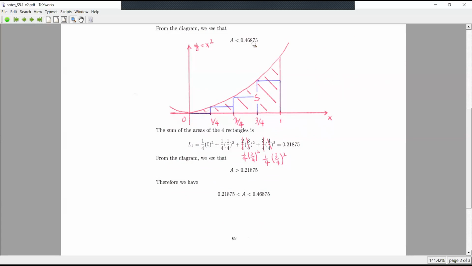Combine this inequality and this inequality, then we get these 2 inequalities. Even though at this point I don't know what A is, I want to exactly find A, but I can tell you that A lies between these 2 numbers. Now, in the following, I continue to improve the upper bound and the lower bound.